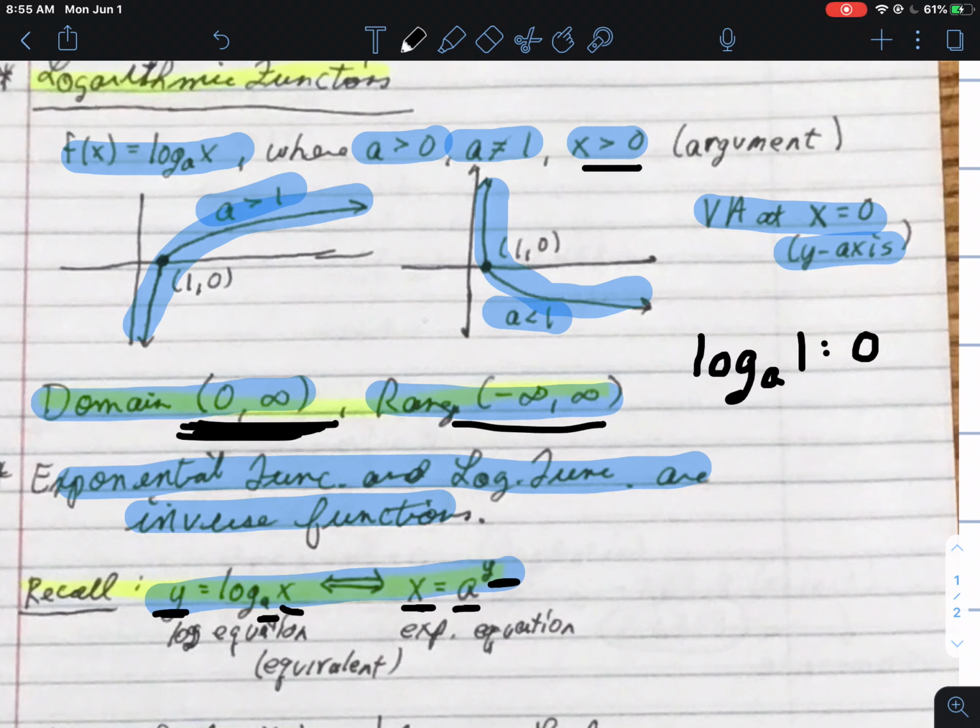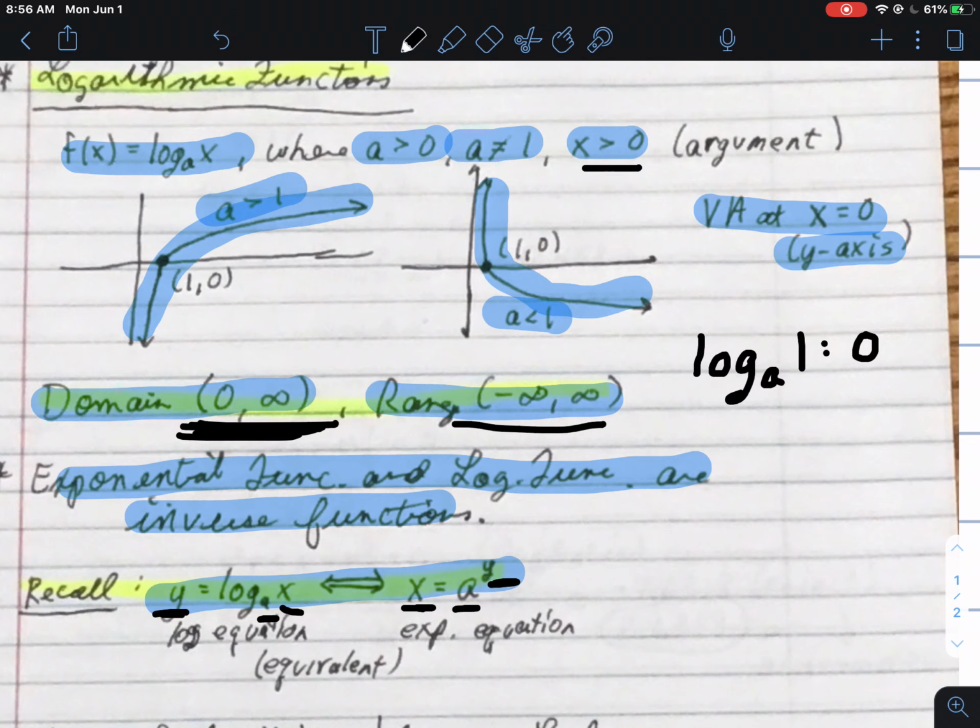The one on the left we'll call the log equation, and the one on the right we call the exponential equation. But those are equivalent in their meaning. So when you're trying to evaluate a log, you ask, what's the value of log base a of x? It would be whatever exponent you would place on the base to give you the x value, to give you the argument.